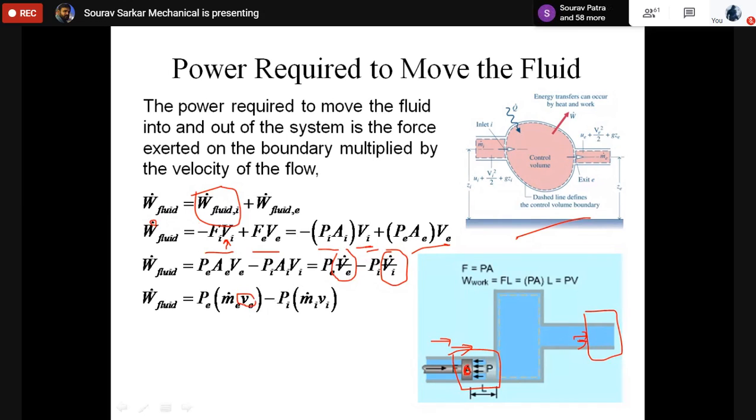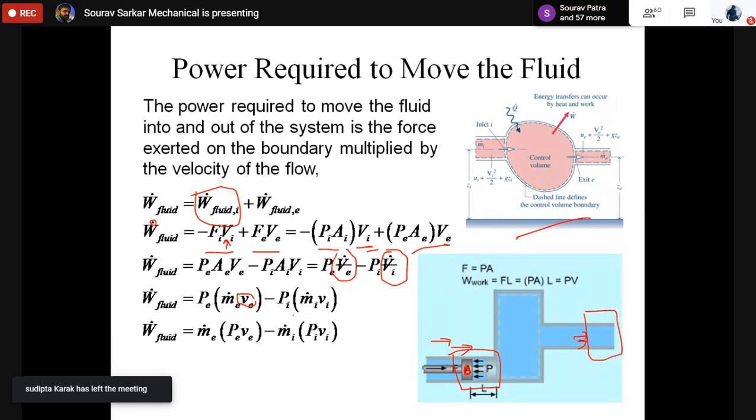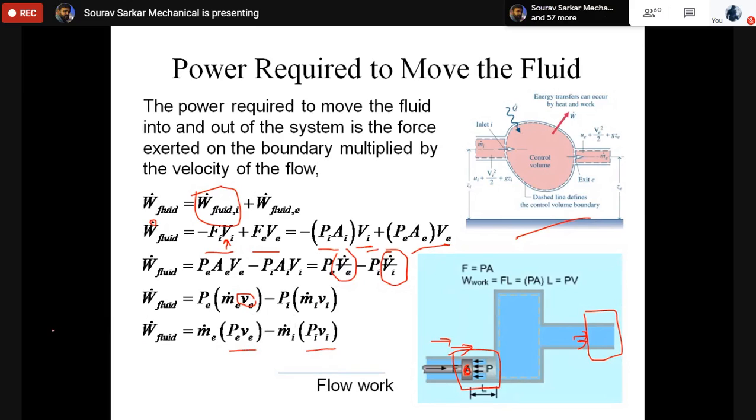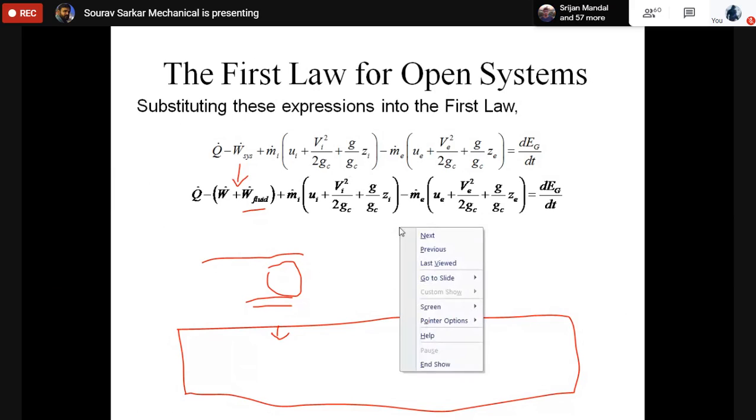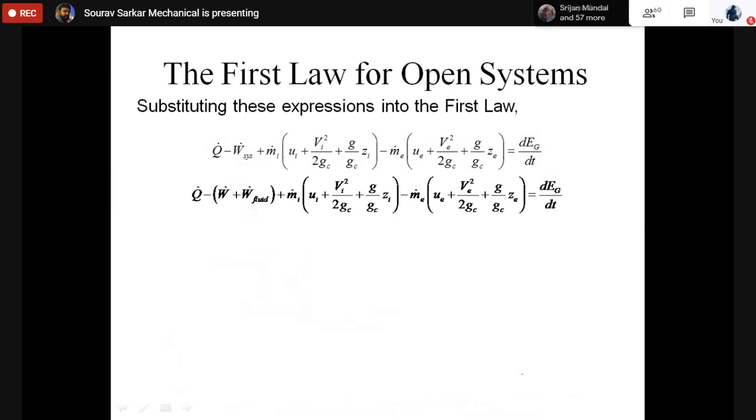Now if I take out the mass flow rate and insert this Pv inside, it will be something like this. So this is the final expression of flow work. It is the additional work which is happening due to the flow process. So if I take out this part and put it inside the main equation, it will look like this.